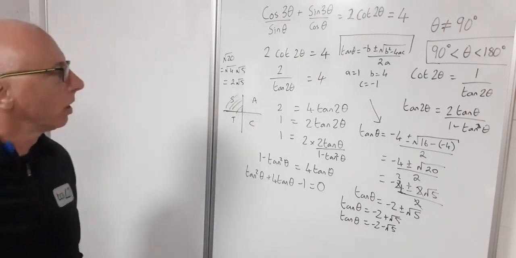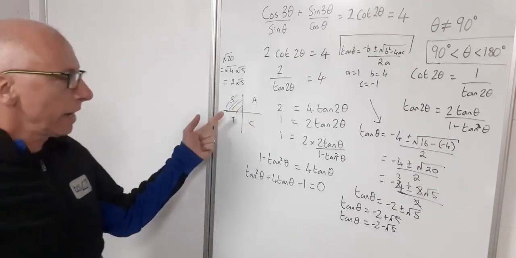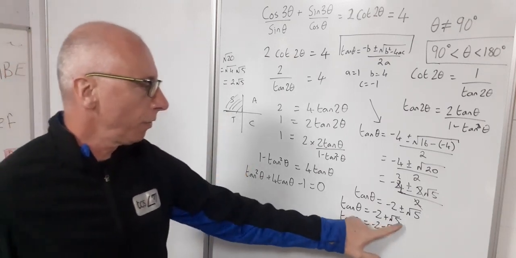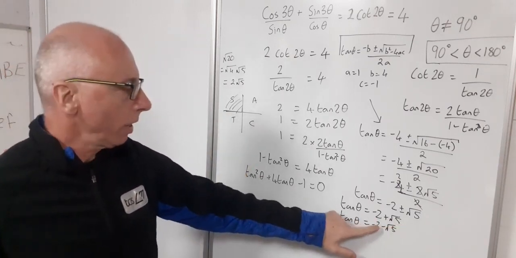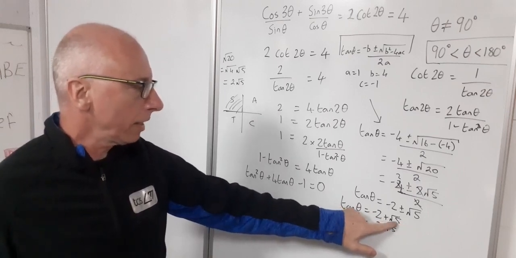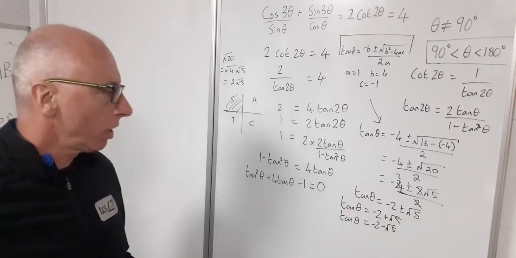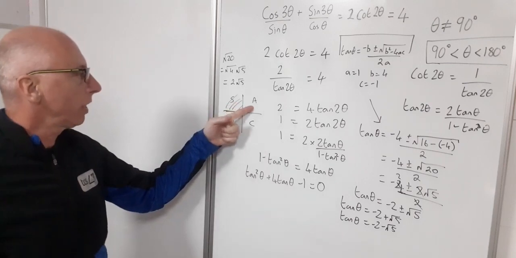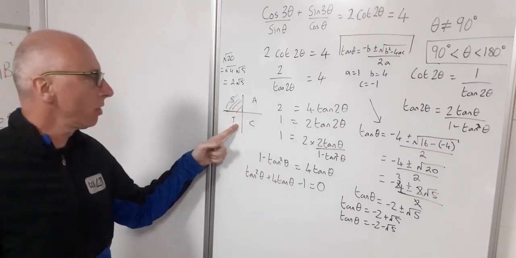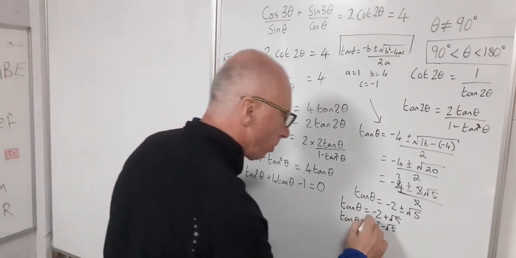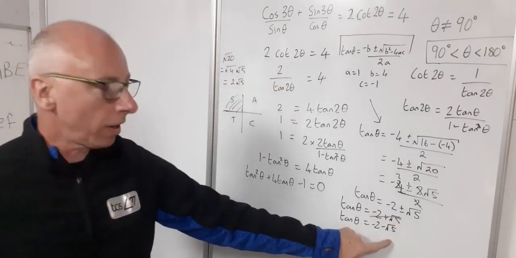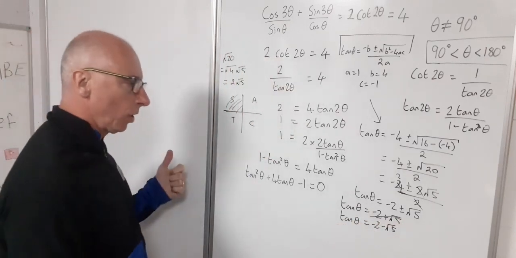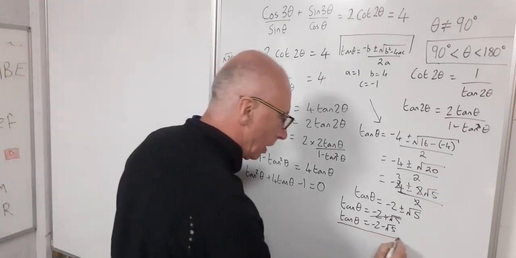That's what we want. So we need a negative value. Well, square root of 5 is just above 2. It's about 2.2 something. So minus 2 plus that is going to yield a positive number. So that will either yield this value or this value in these 2 quadrants. So this one is not going to be valid. So we're going to have minus 2 minus root 5.